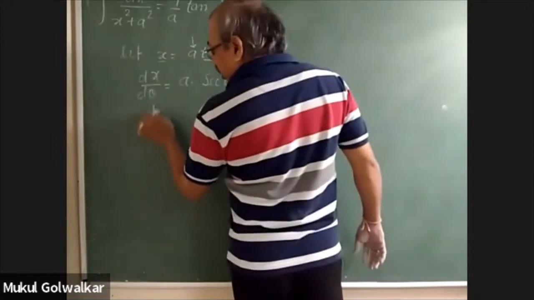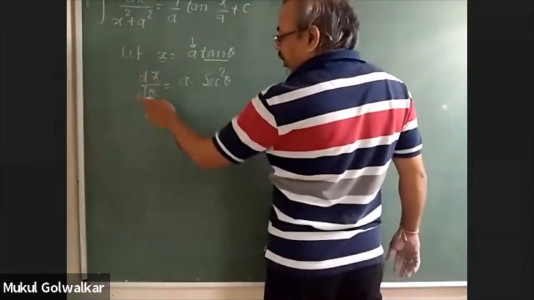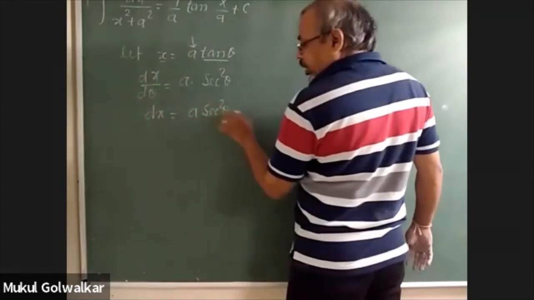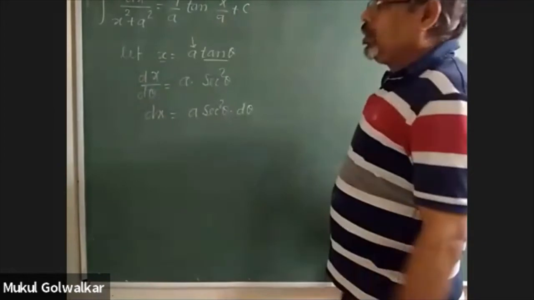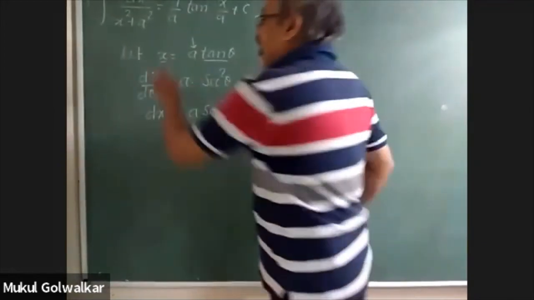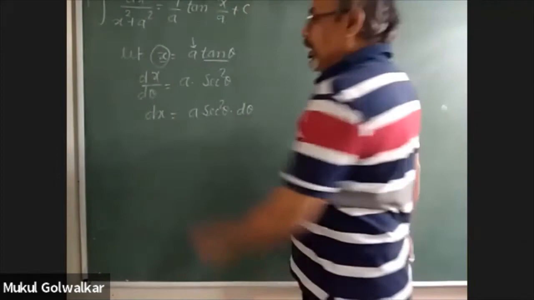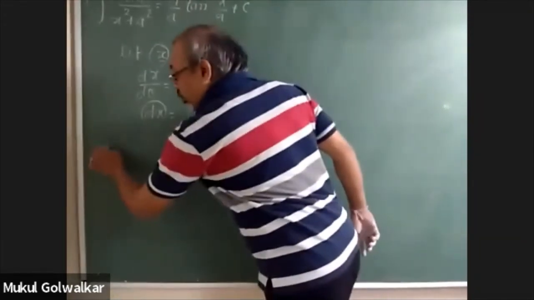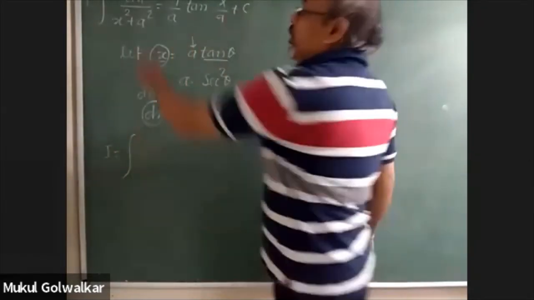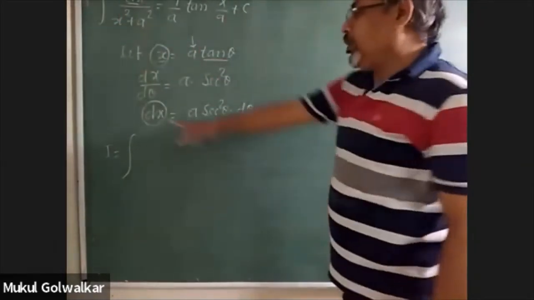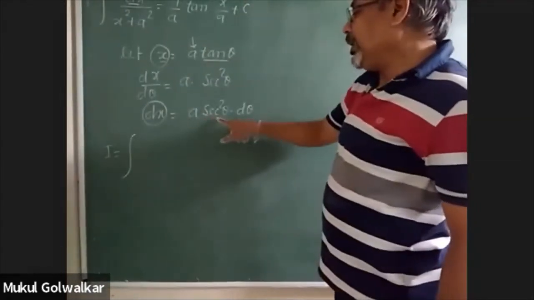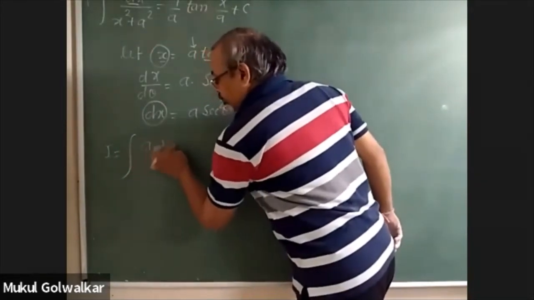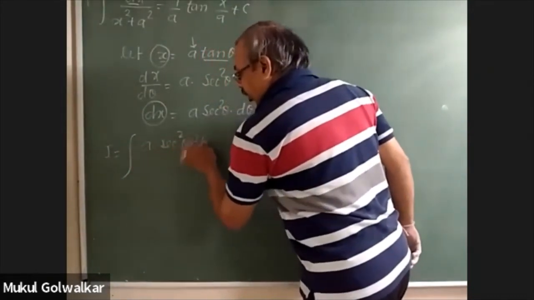So I will ask you to write dx is equal to a sec square theta d theta. Suppose I write the value of x is equal to a tan theta and the value of dx is equal to a into sec square theta d theta, what happens to the original question? Let us see that. In place of dx, what should we write? A into sec square theta into d theta.